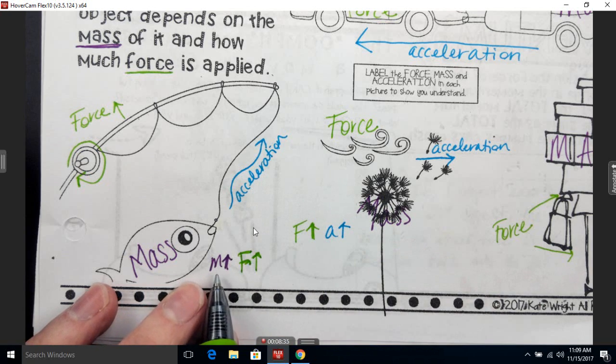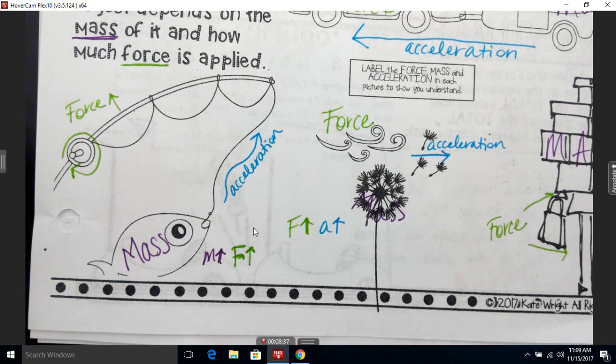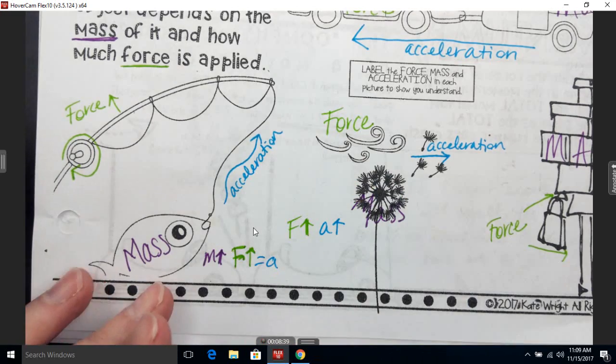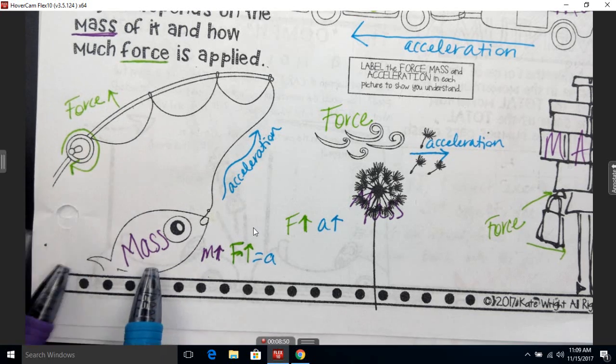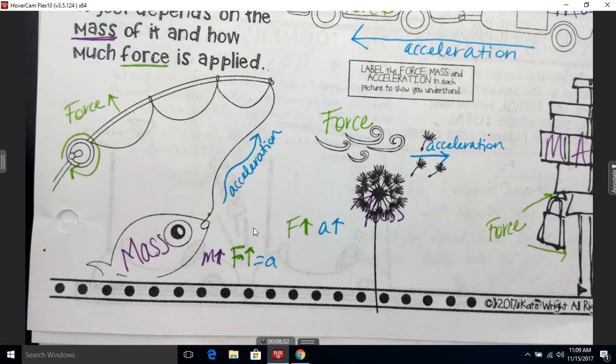If the mass goes up, my force has to go up to equal that a. It is a formula, but it's a common sense formula. If you have a bigger fish on the end and you pull the same amount, what are you going to do? Nothing. You're going to lose your fish. He's going to jump off.